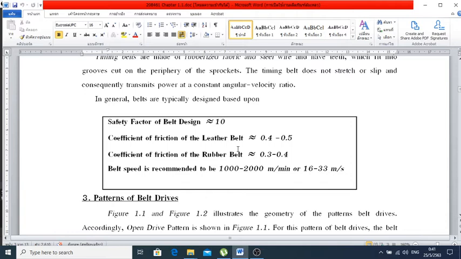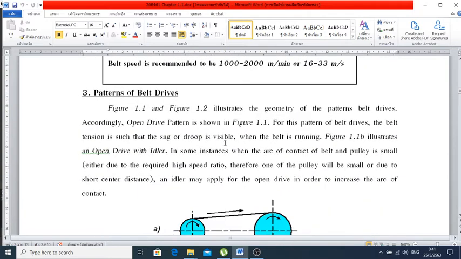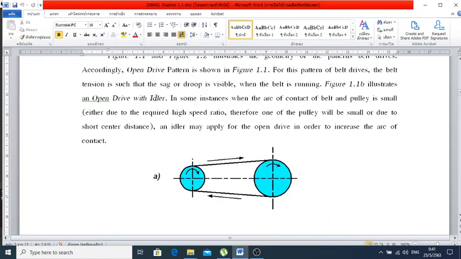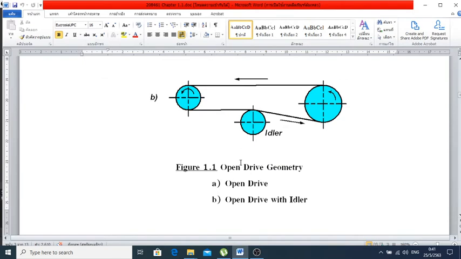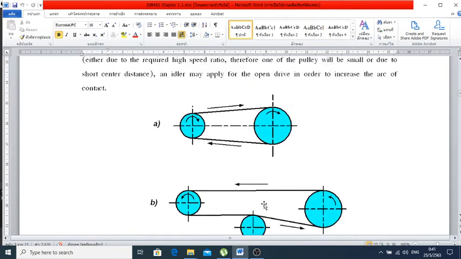And then let's see the patterns of the belt drive. Number one, you're going to see 1.1 and 1.2 respectively. 1.1 is an open drive. The small pulley we call the driving pulley, and the driven pulley is on the right-hand side.